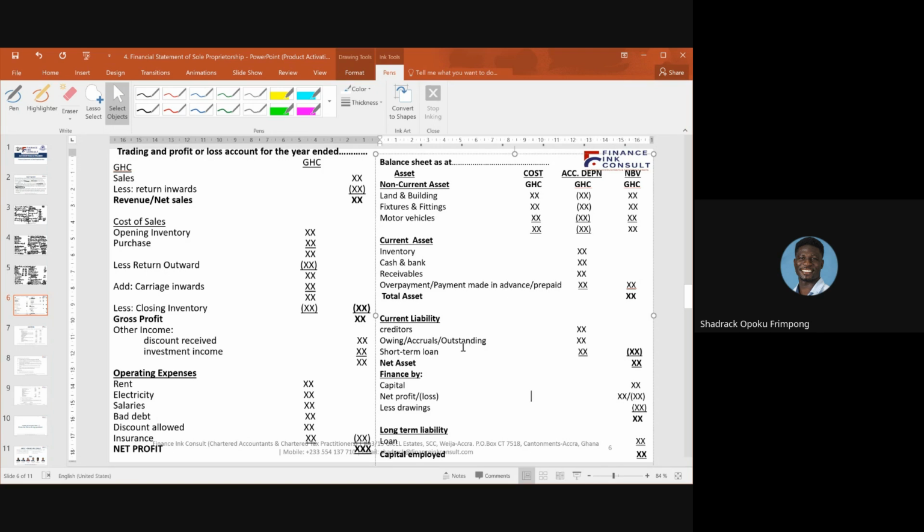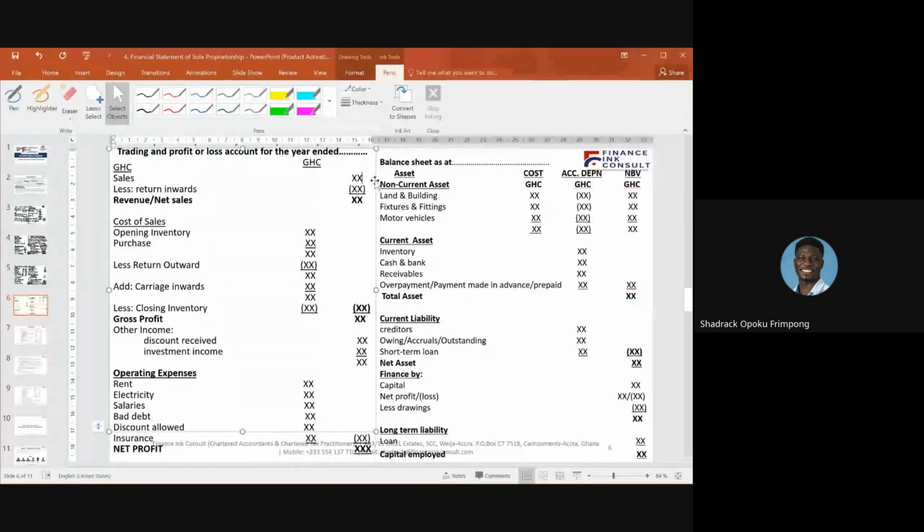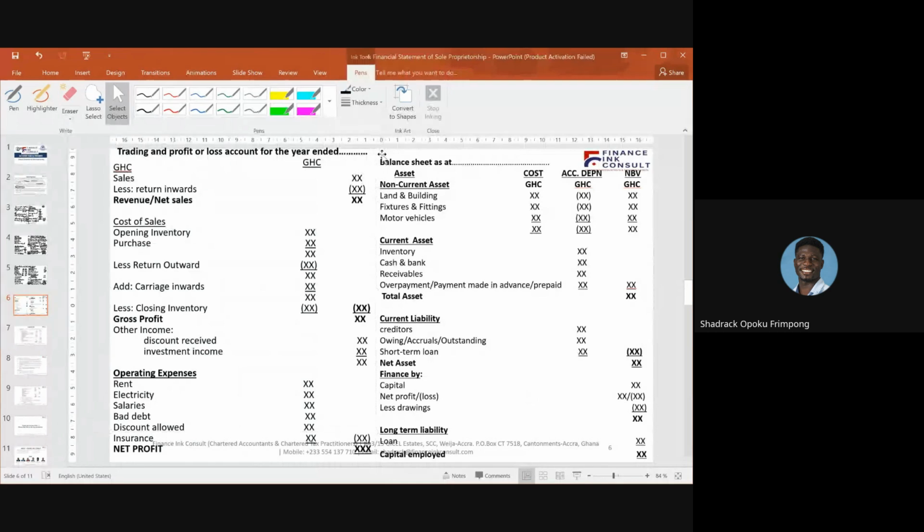When you pay in excess, right? Rent is, let's say, 1,000 cedis a year, and you pay 2,000. It means you've paid 1 year in advance. So that's an asset to you. This time around, your landlord or your landlady is owing you, so you add it as part of your assets.